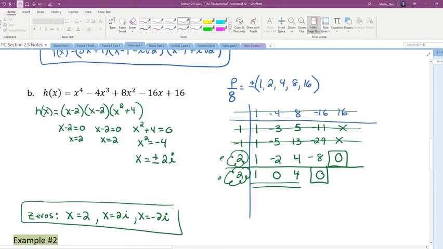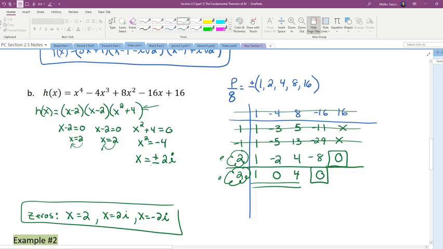And now for the product of linear factors. So I have most of my answer, but I do not have my full answer yet because this one is quadratic. So I need to do exactly what I did right here. I need to move the 2 over, set it equal to 0, I get the factor. Move the 2 over, I get the factor. I need to move the positive 2i and the negative 2i over.